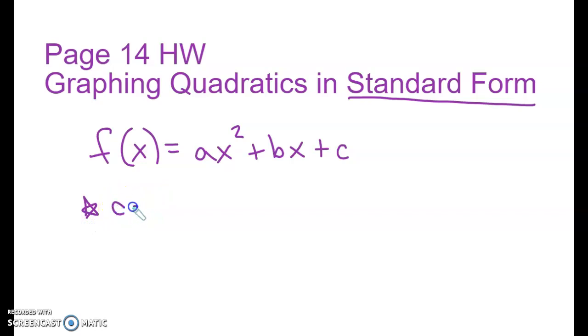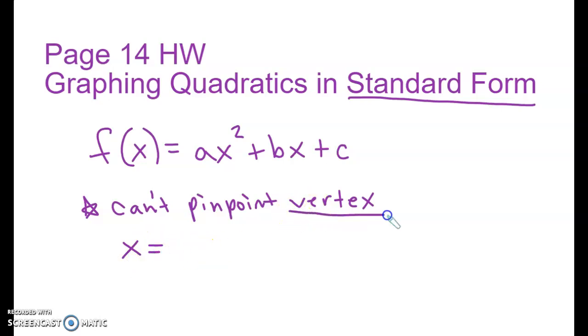First, you can't pinpoint the vertex. With standard form, you have to do one thing first. In order to find the x value of the vertex, x equals negative b all over 2a.